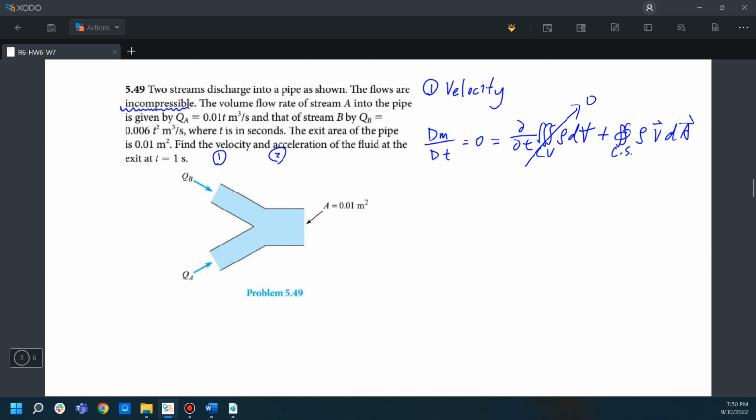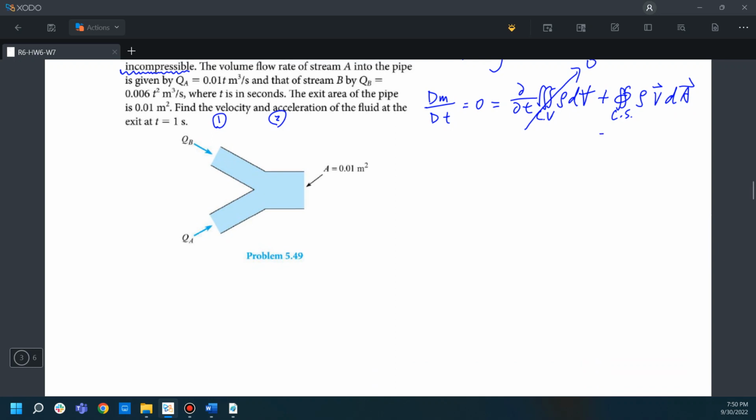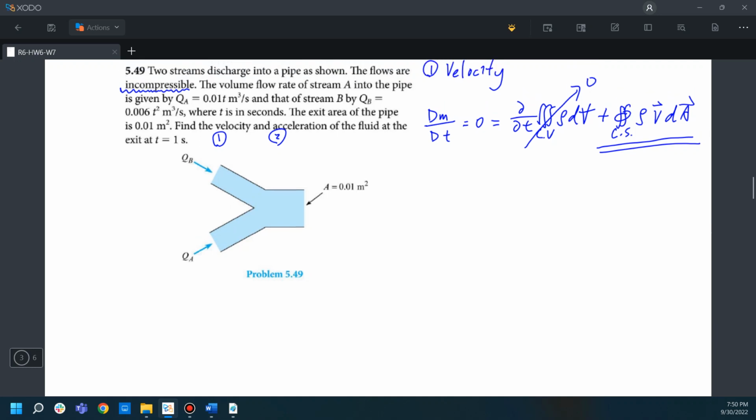Okay, so this basically gives us the simplified continuity equation that only considers the control surface. And for the control surface, we know that the inflow to this control surface is equal to the outflow.